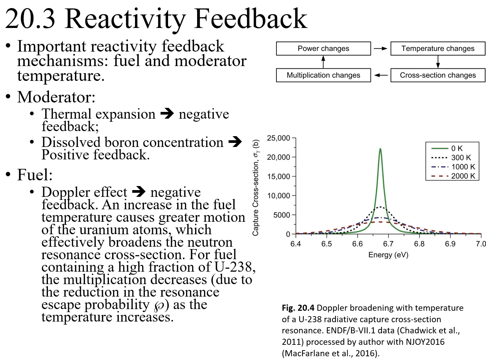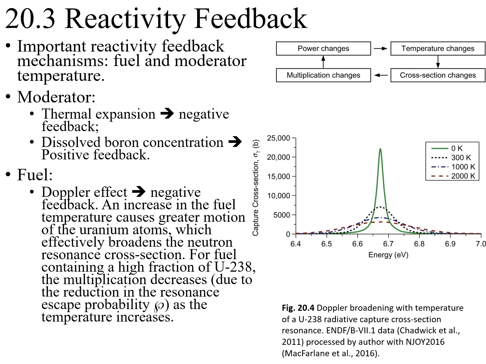In general, there are two reactivity feedback mechanisms. One is the fuel, and another one is the moderator. The moderator has two effects. It can give you either negative feedback or positive feedback.